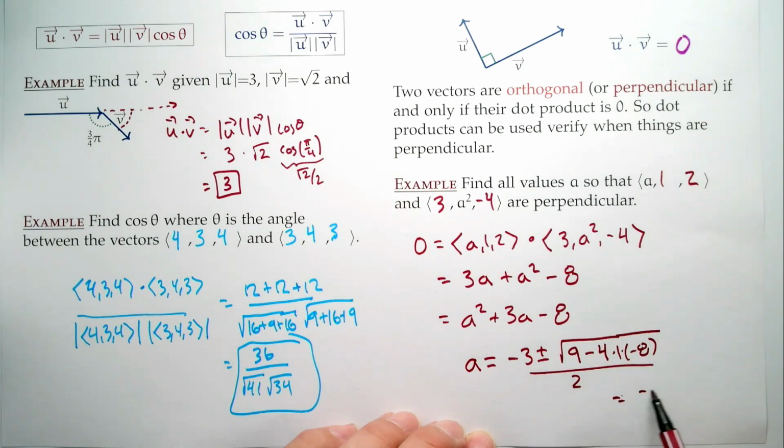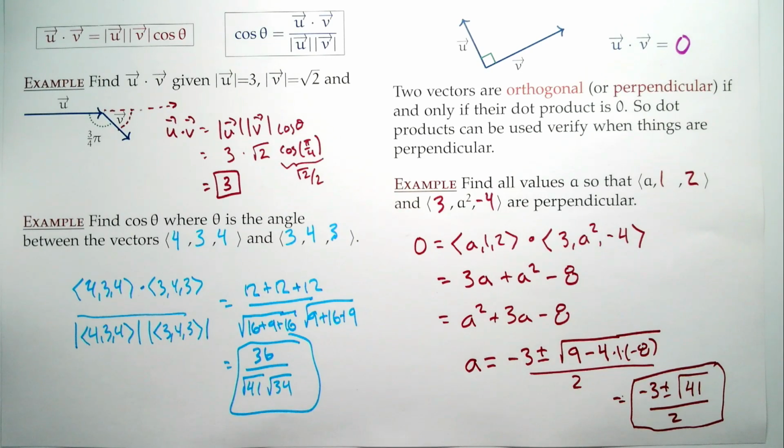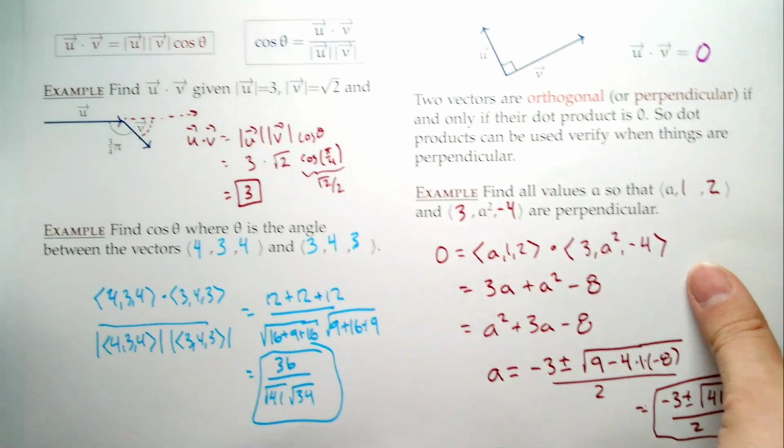That would be negative 3 plus or minus, let's see, we'll get 9. The minus 4 times minus 8 would be plus 32, and 9 plus 32 is the square root of 41. Again, that's all right. And there you go. There are two possible choices for A that would make it perpendicular. Normally, of course, we'll plan well in advance, and we're going to choose not just random numbers, but good numbers.